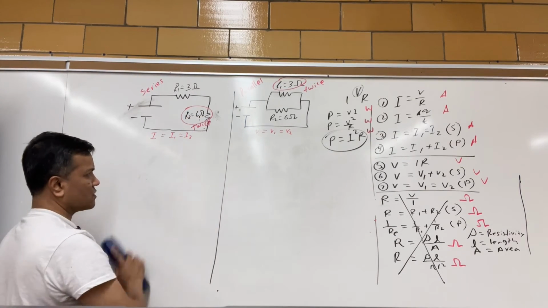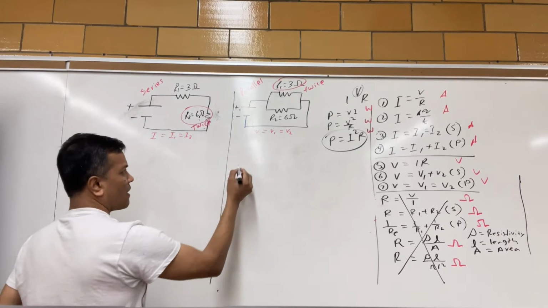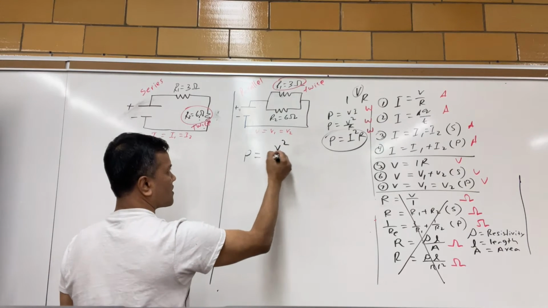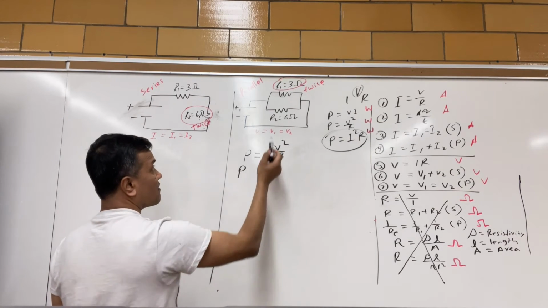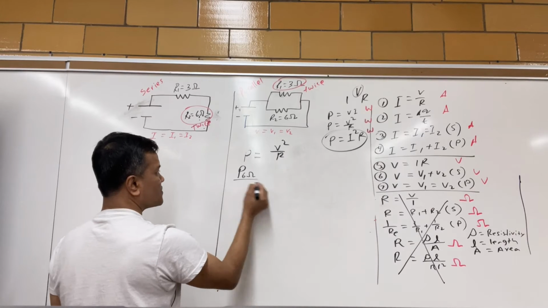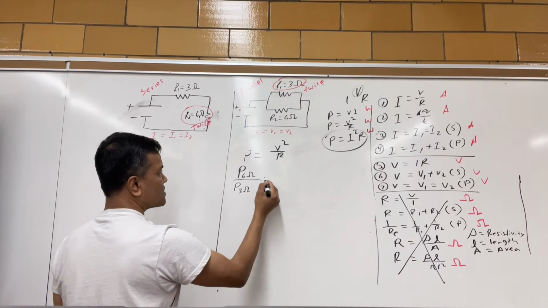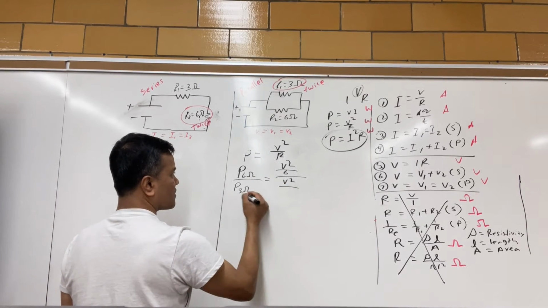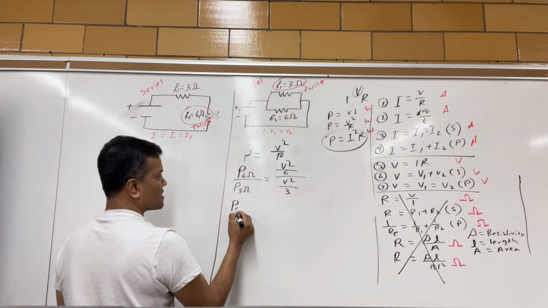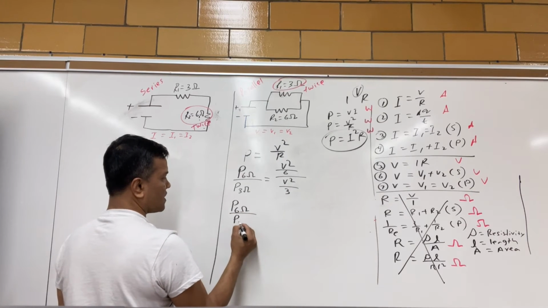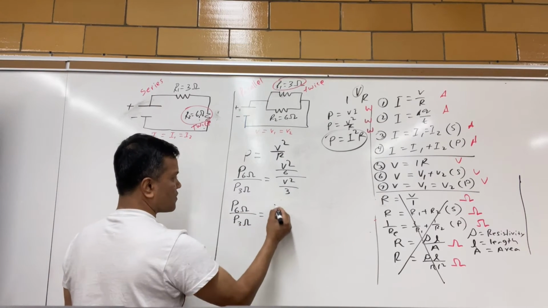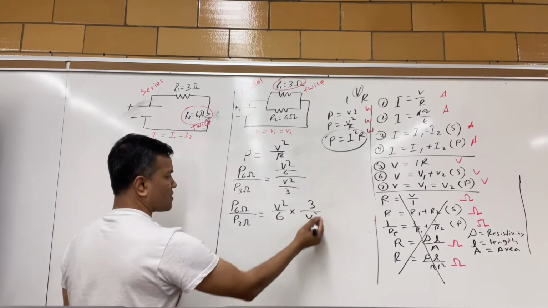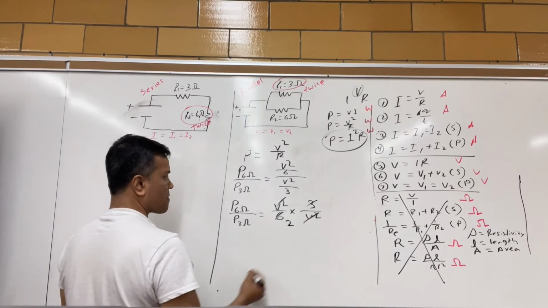Okay, good. Now let's prove this one. P is equal to V square over R. So P 6 ohms over P 3 ohms is equal to V square over 6 times 3 over V square. 3 goes to 6 twice.